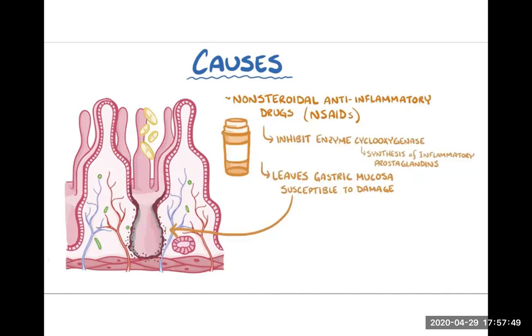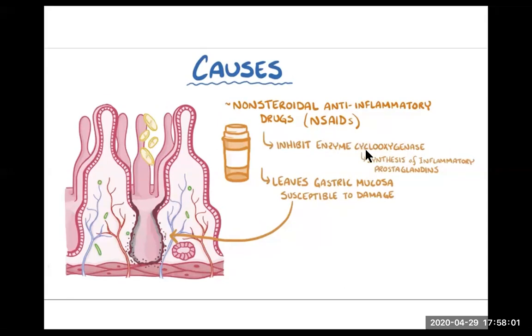Another important cause of peptic ulcers is NSAIDs. The major thing that these NSAID drugs do is inhibit the COX enzyme, that is the cyclooxygenase enzyme, and this COX enzyme is essential for the synthesis of inflammatory mediators like prostaglandins.